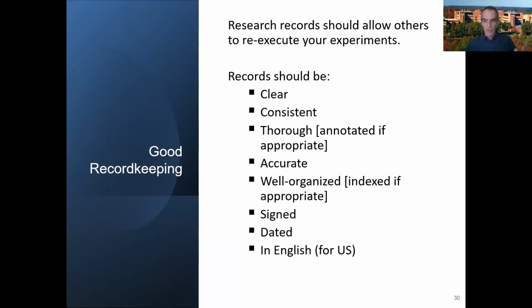And organization is becoming increasingly a problem in data collection because we have so much data from so many different sources. It's important to really keep things organized so people can find the data. Signed and dated, and in English for US data keeping.